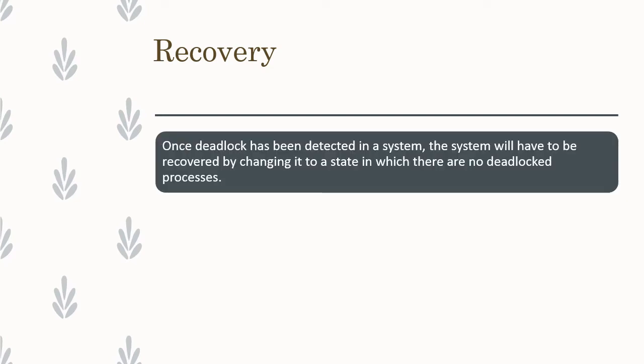So far we have talked about deadlock detection. Now let's talk about the next step after detection, recovery of the system. Once deadlock has been detected in a system, the system will have to be recovered by changing it to a state in which there are no deadlocked processes.